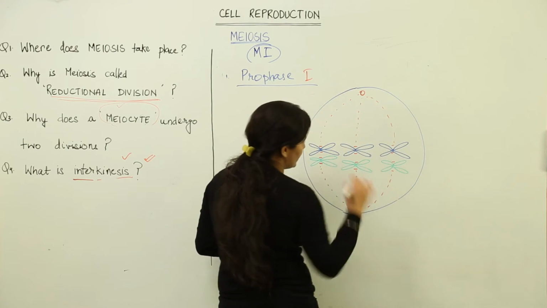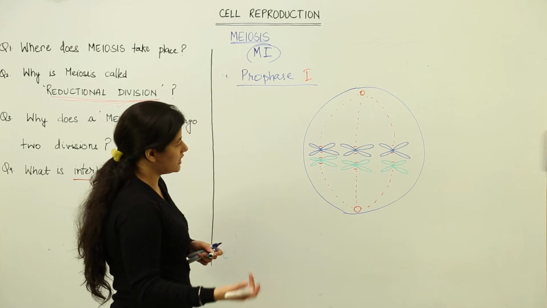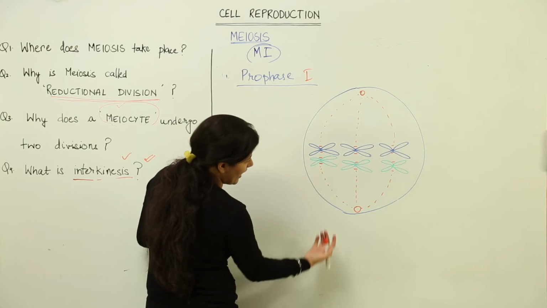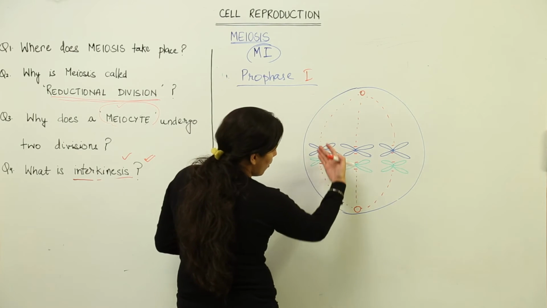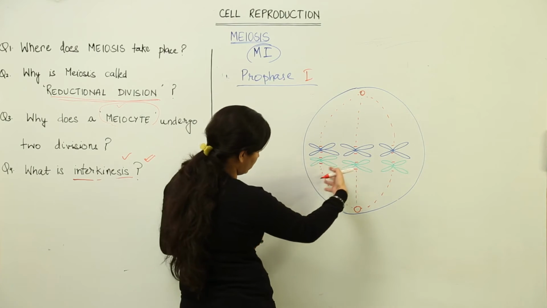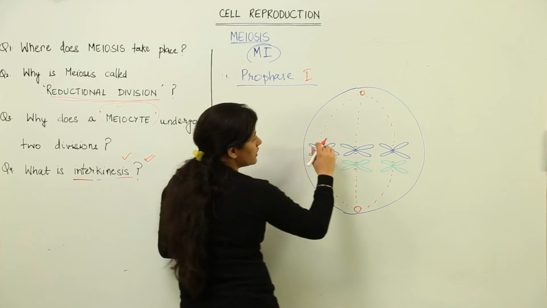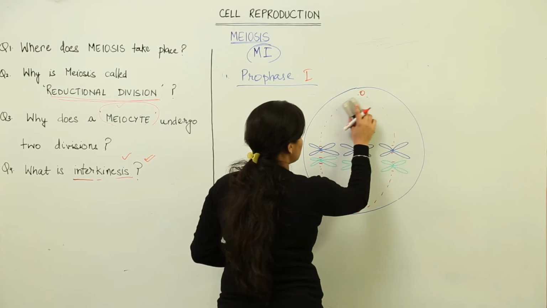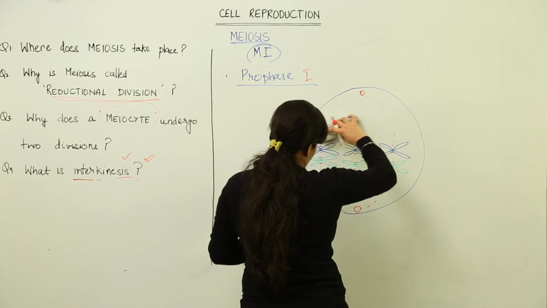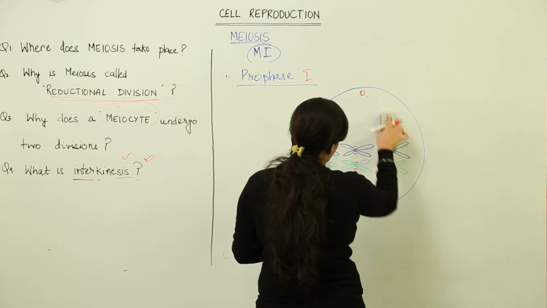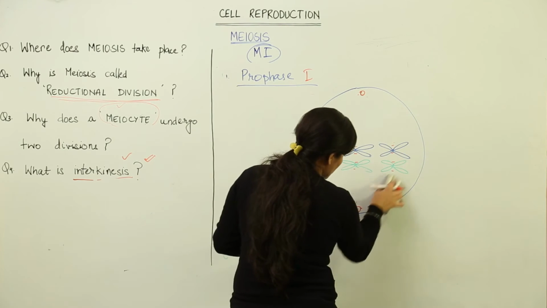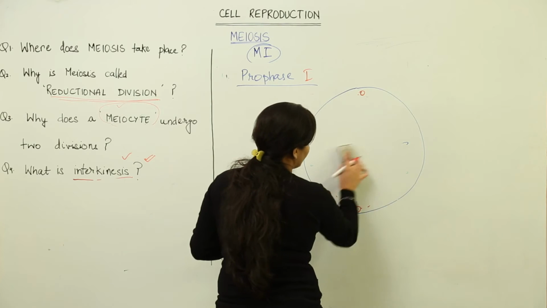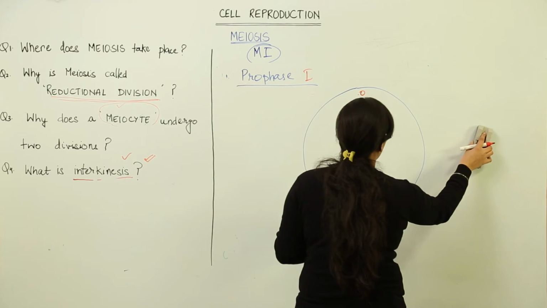Spindle fibers come and attach, and when the transition takes place to anaphase, these spindles retract and bring one of the homologous pair of chromosomes towards the opposite pole. So when we see anaphase, instead of the centromere getting split and the sister chromatids getting separated, what is being separated?